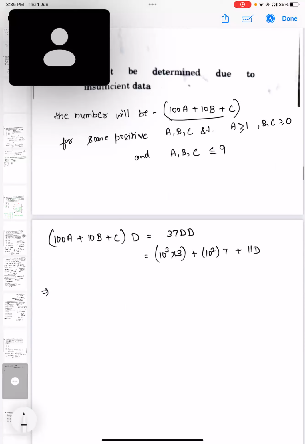This implies 100A plus 10B plus C minus 11 times D is equal to 10 cube into 3 plus 10 square into 7.